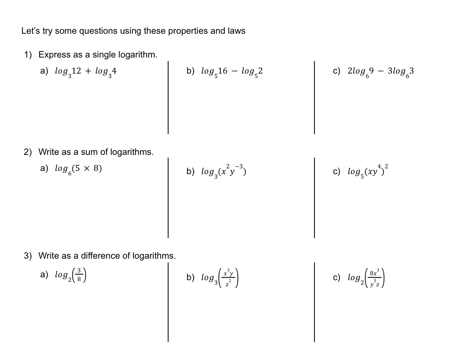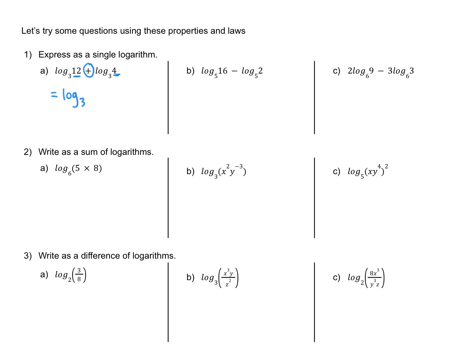The first question here is to express each of these expressions as a single logarithm. I see the addition of two logs, which means I can take the 12 and the 4 and multiply them as long as the bases are the same. Both of these logs have a base of 3, so that's good.